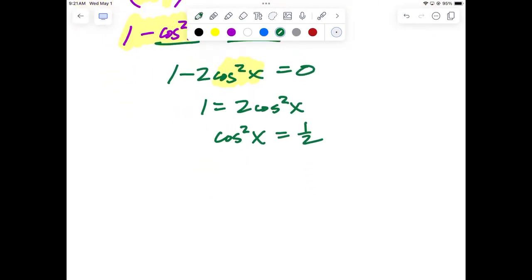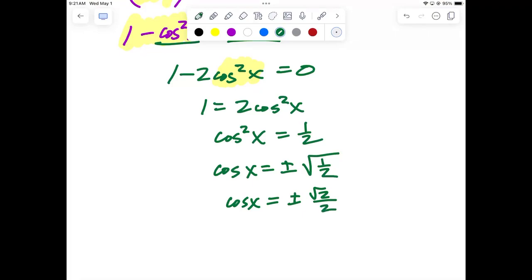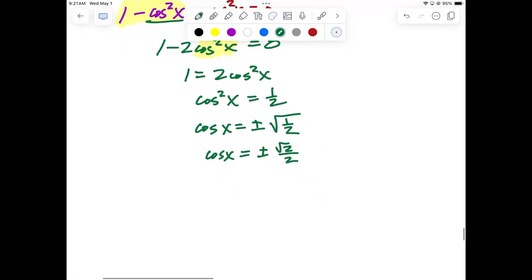And I'll take the square root of both sides, and I get plus or minus the square root of a half, which, if you remember from a little while ago, is equal to plus or minus the square root of 2 over 2. Now, because it's plus or minus, I can go all the way around the unit circle, right? With your pi fourths angles: pi fourths, 3 pi fourths, 5 pi fourths, and 7 pi fourths.